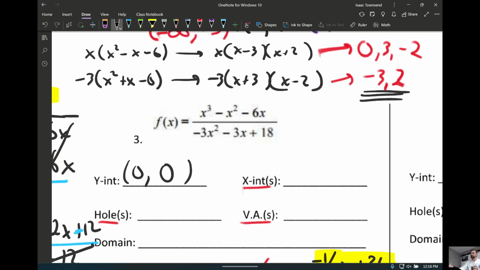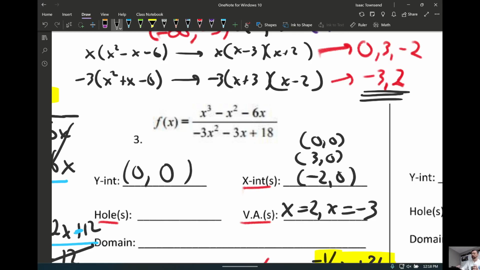Any numbers that make just the denominator 0 are going to show up as vertical asymptotes, or spikes in the graphs. Any numbers that make just the numerator 0 are going to be x-intercepts. And which one of those should make sense to us?